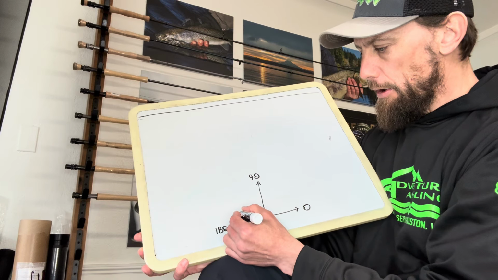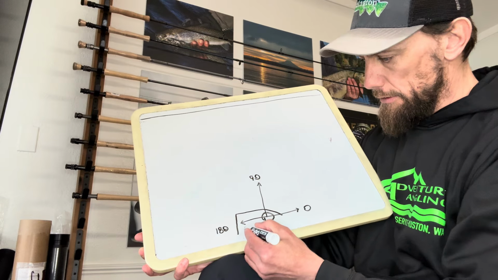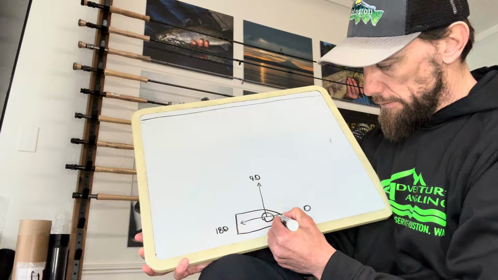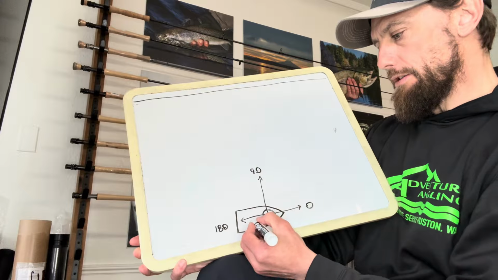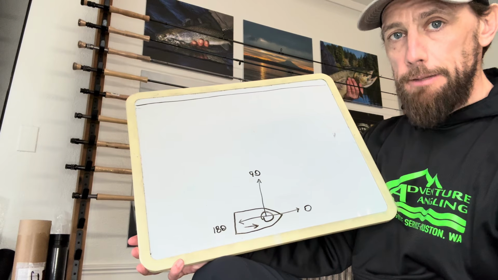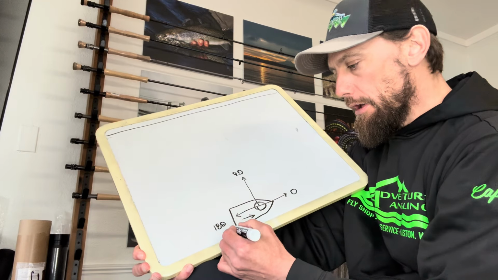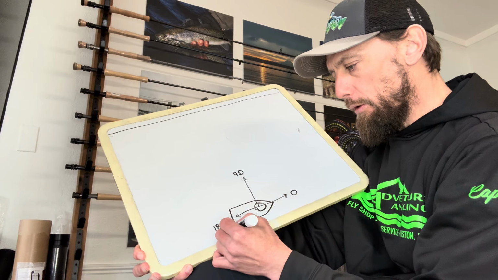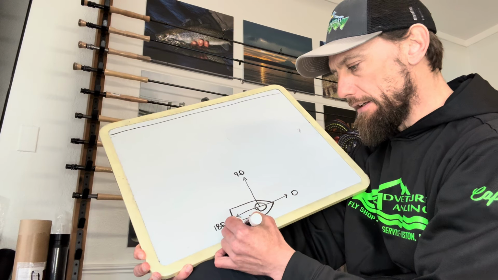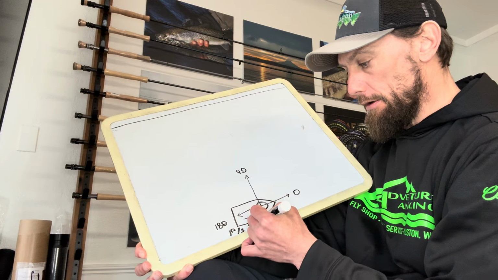Now, the boat here, bear with me with the boat drawing. The boat here is moving forward as it should be. When you're cutty fishing, you need to keep your boat moving. How fast should the boat be moving? The boat should be moving about 1 foot per second, or about 1/3 of a meter per second.